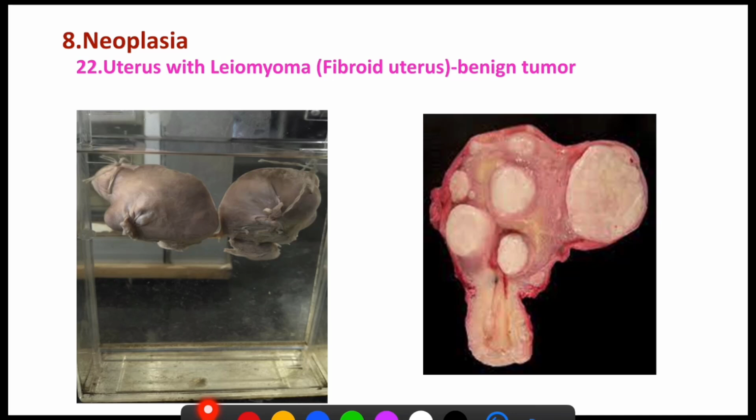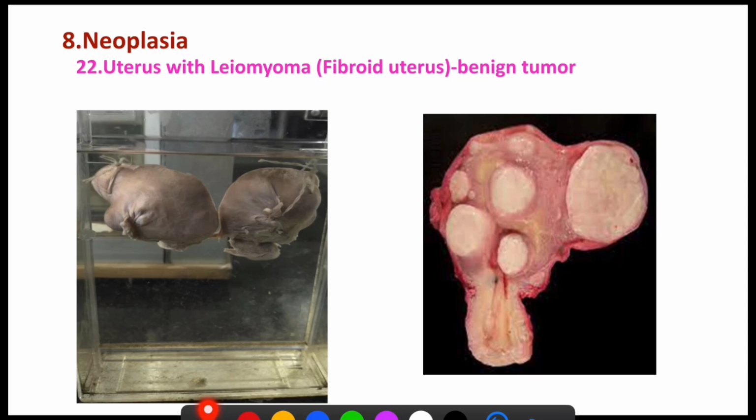Now neoplasia. Here you can see this is a cut surface of uterus, and this is the outer surface of uterus, with cervix. You can appreciate multiple whitish well circumscribed nodules in the myometrial wall. So this is the specimen of fibroid uterus.